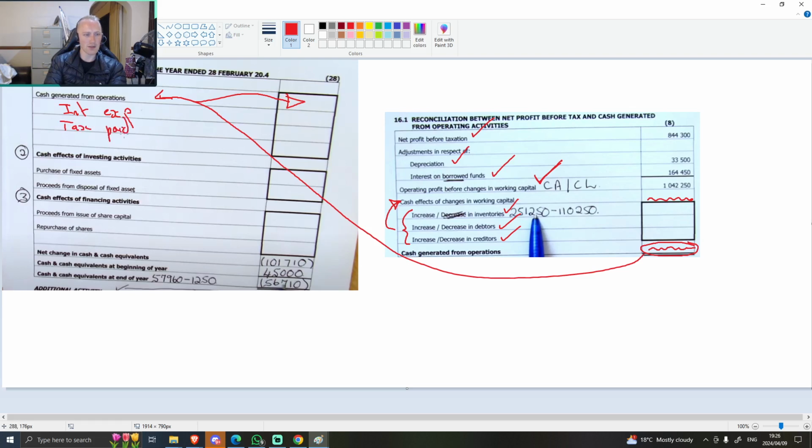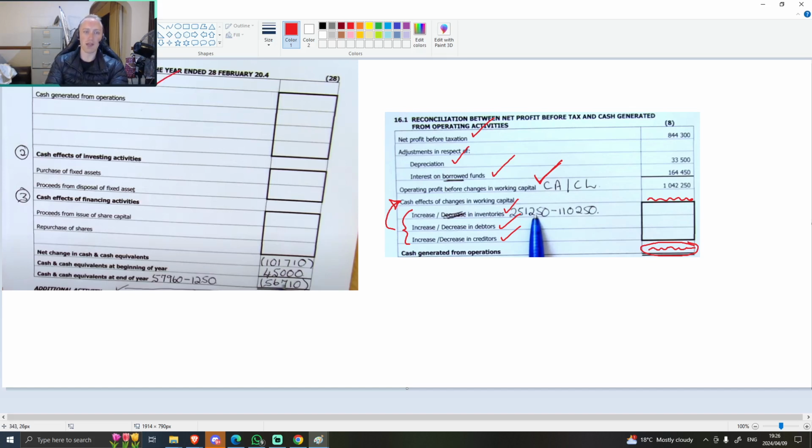I think the other thing is dividends paid. Oops, not dividends paid. I could be incorrect about this one here. My brain's a bit foggy right now, but the fact is, as you can see, there's a fairly lengthy process to get the cash effects of operating activities.